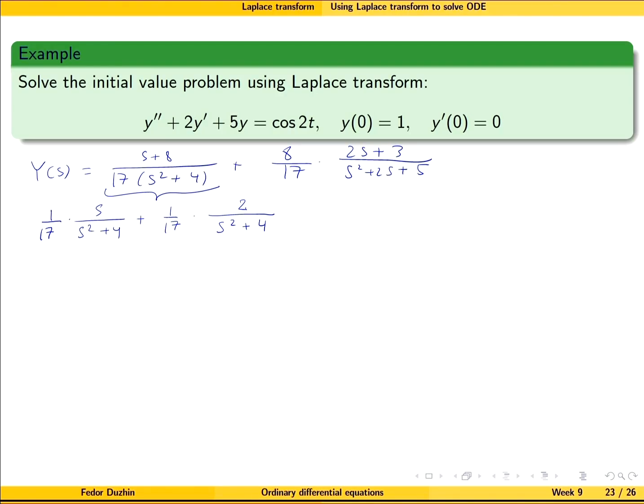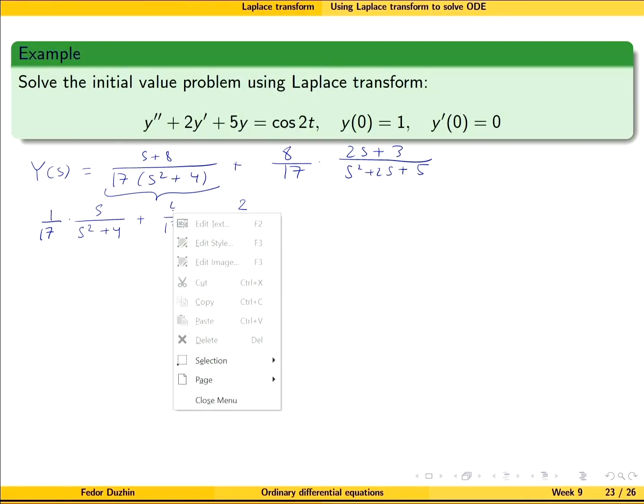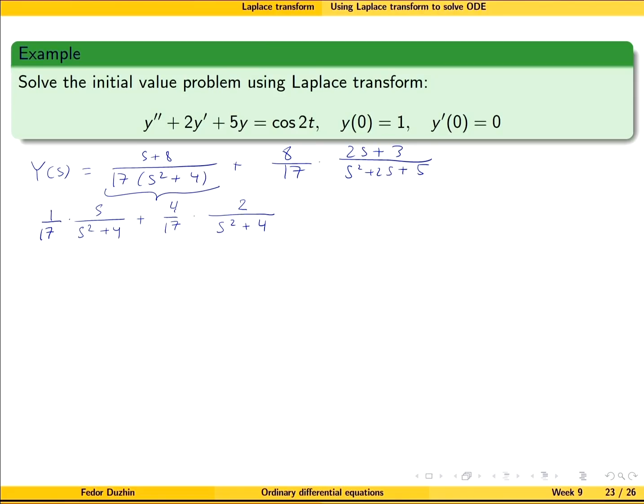But then the total product is 8, so I need to write 4 so that it is correct. So this term gives us 1 over 17 cosine 2t, and this term gives us 4 over 17 times sine 2t. So the first term gives us a combination of sine and cosine.